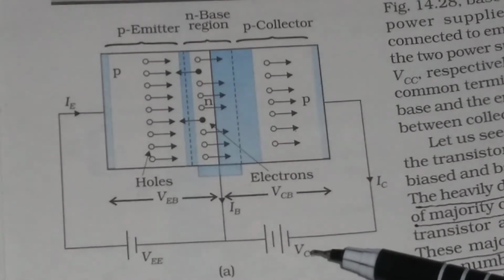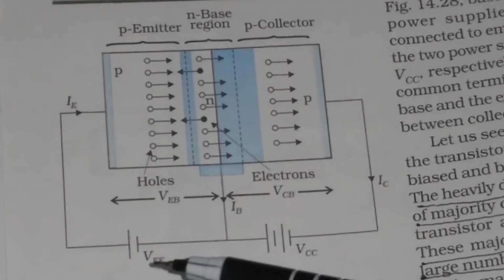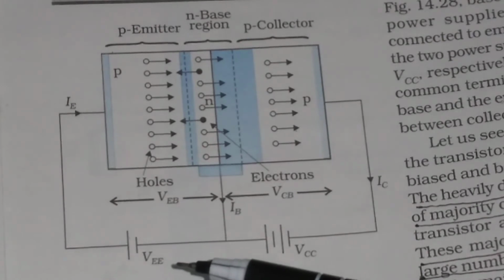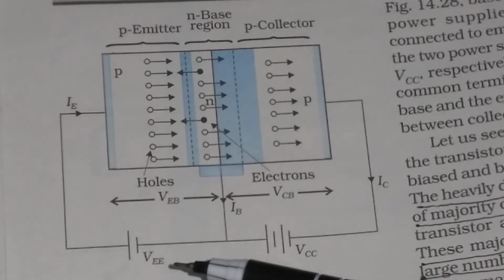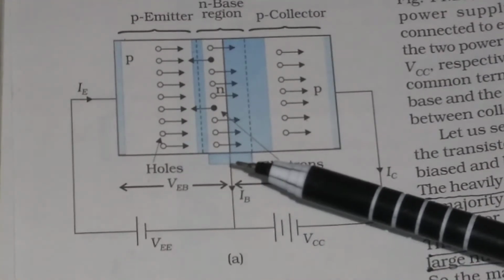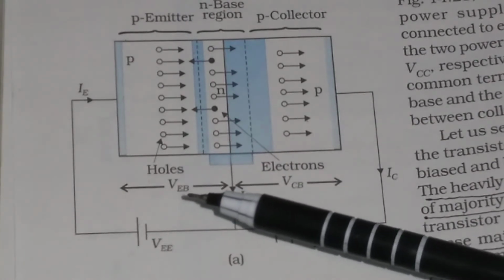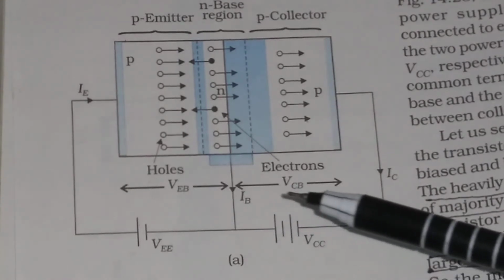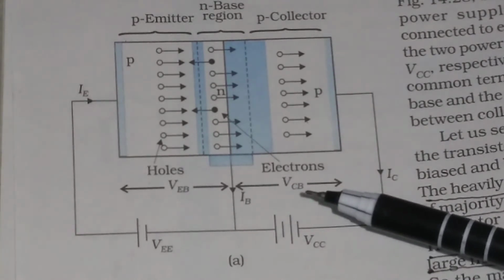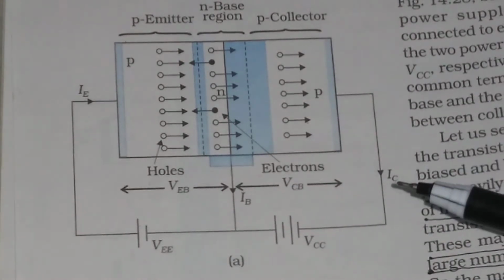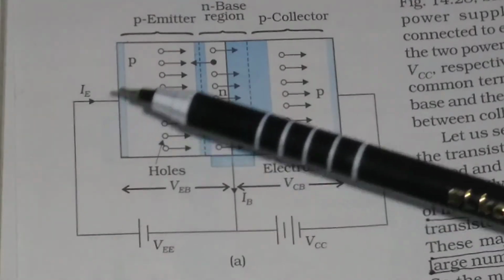When you see a double letter, like CC or EE, it is the DC power supply voltage. And here IB is the base current, EB is the emitter base voltage, CB is the collector base voltage, IC is the collector current and IE is the emitter current.